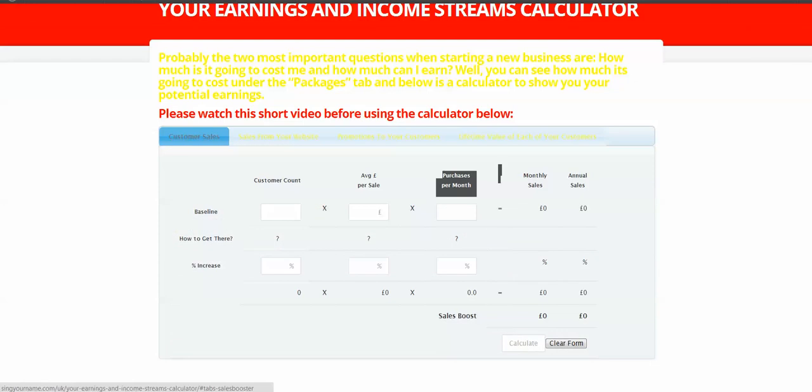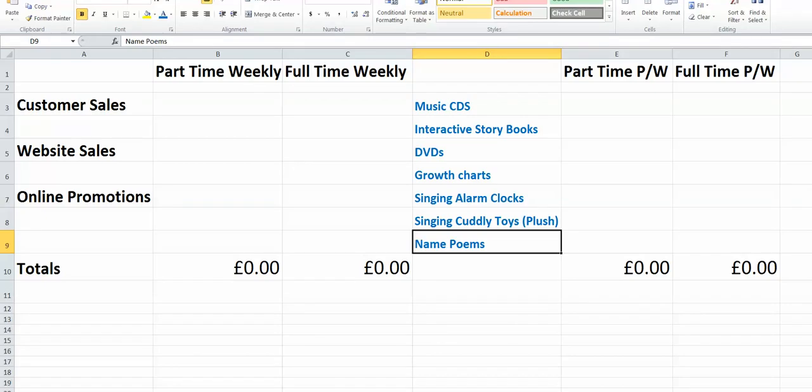On the customer sales tab, let's just say that you're working part-time and you're only putting in maybe one day at the weekend, weekend work, maybe some nighttime work, but basically part-time. Let's say that you do an event at a weekend and you sell, let's have a look at our spreadsheet again, 10 music CDs, 10 interactive storybooks, and only 10 DVDs.